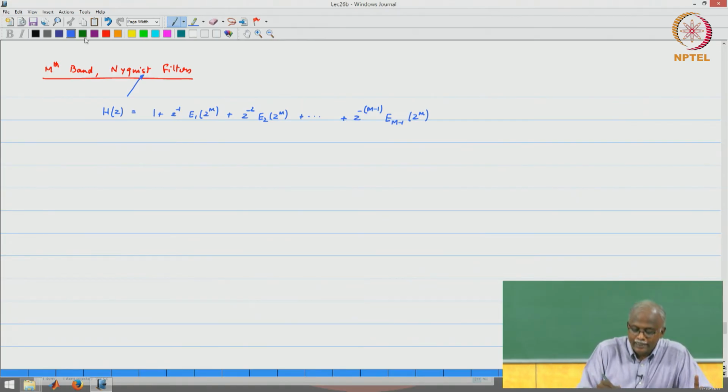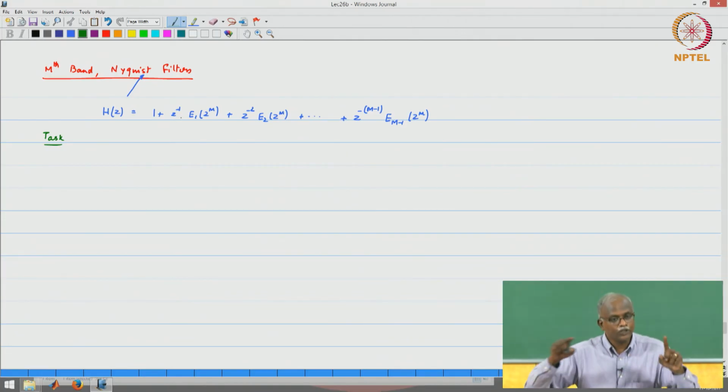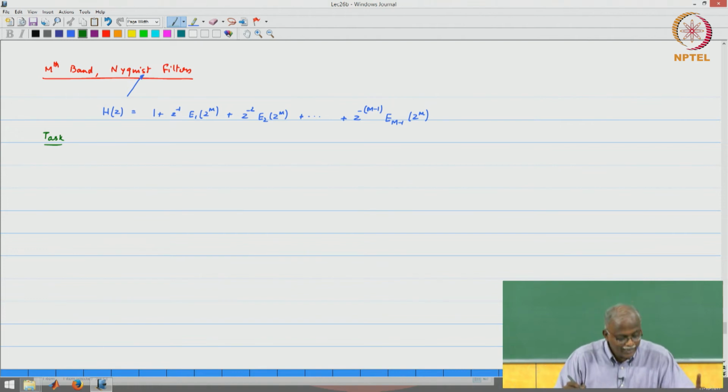Now here is a task for you to do. What does this structure of the interpolation filter tell you? That there are 0 crossings of the impulse response, correct? So when I do the interpolation, initially I have 0 valued samples, some number of them.